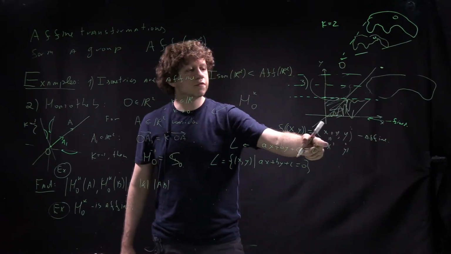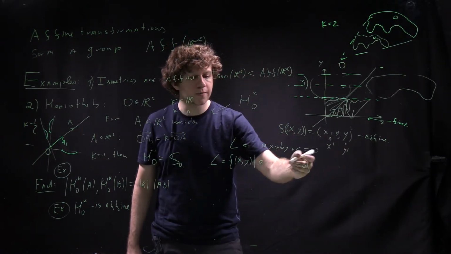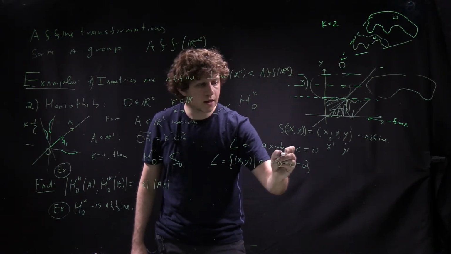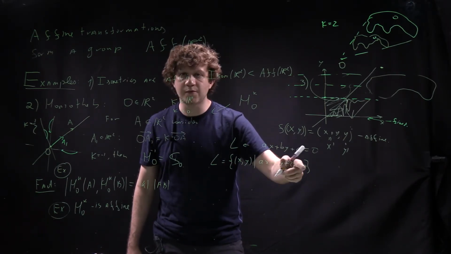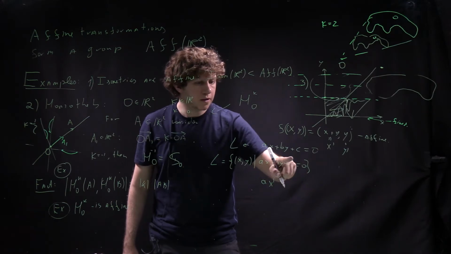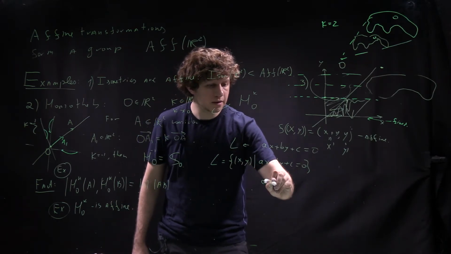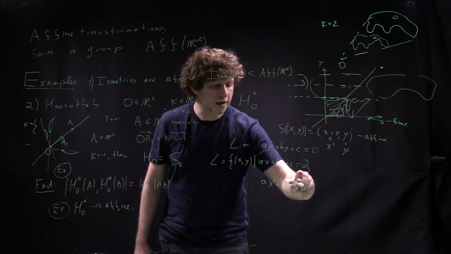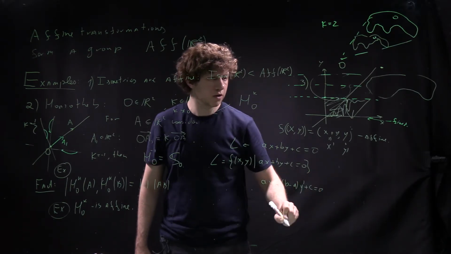So we can try to figure out what happens with x prime, y prime. It's really easy to see that if ax plus by plus c was equal to 0, then a times x prime plus (b minus a) y prime plus c equals 0.